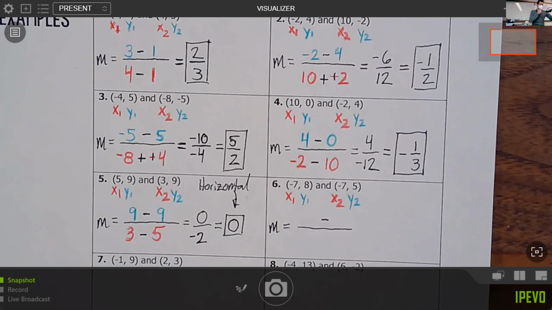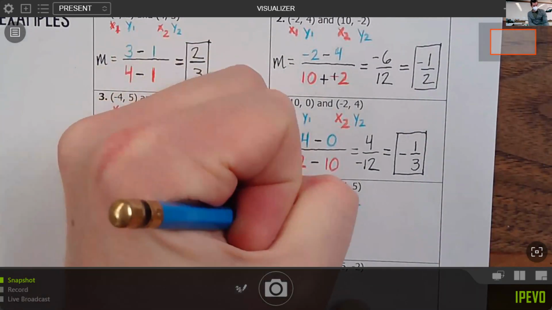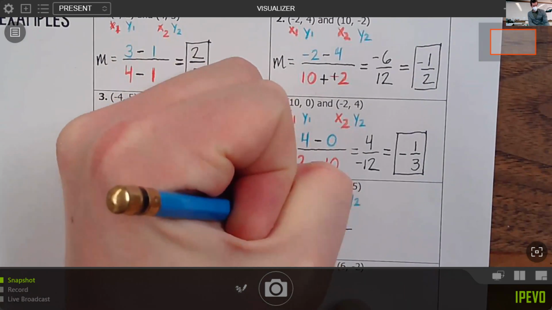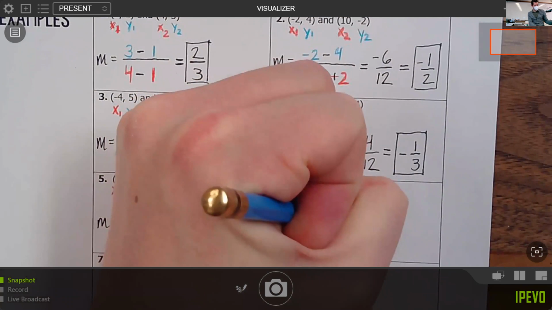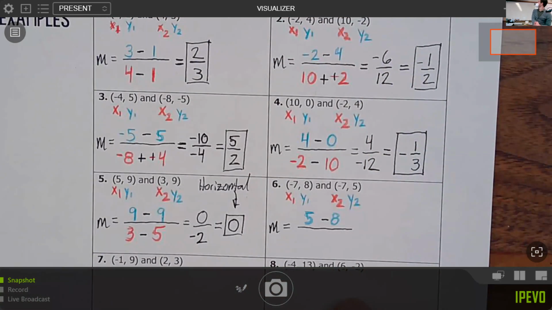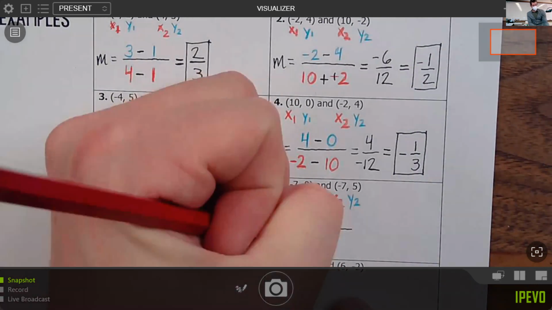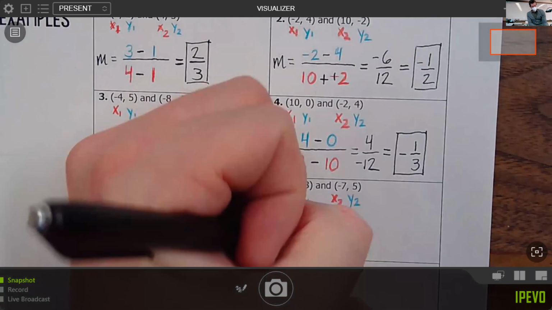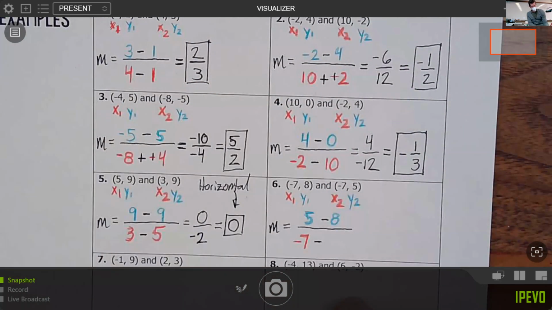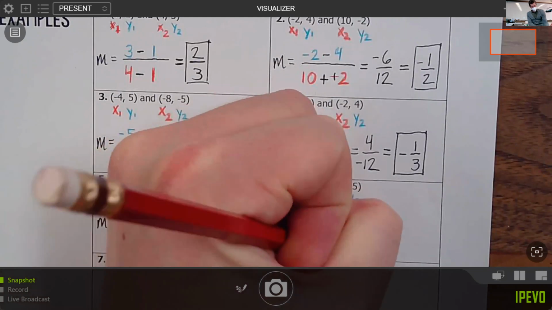Yeah, 5 minus 8. Good. So y2, 5, minus y1, which is 8. All right, how about the denominator? Yeah, -7 minus -7. All right, so minus, and then the other -7.